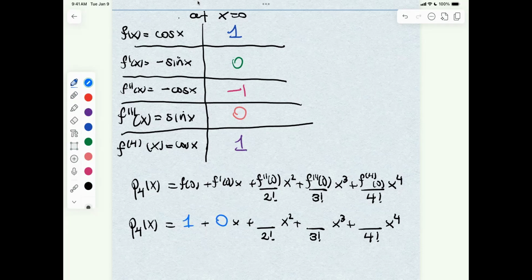Then you put a 0 times x, right? And you'll see something really cute happens, but just wait a second. Then minus 1 is the next number, followed by 0, and then followed by 1 again, right?